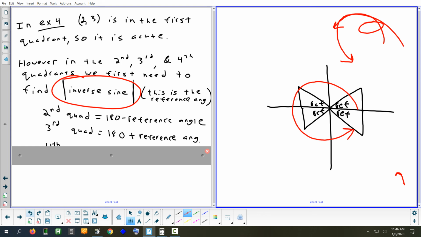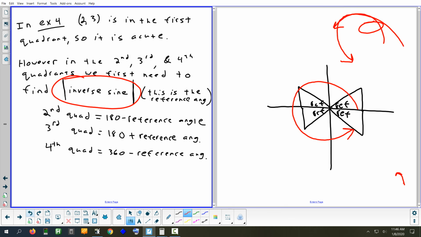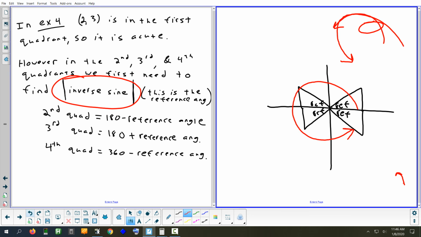Yep, perfect, nice job. 360 minus the reference angle, because you've basically gone all the way around less the reference angle. Okay.